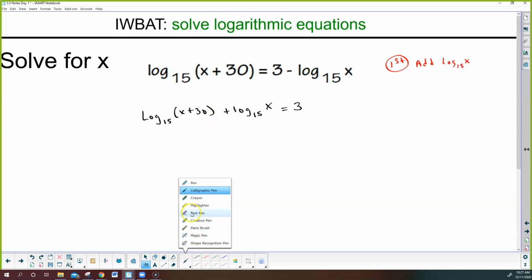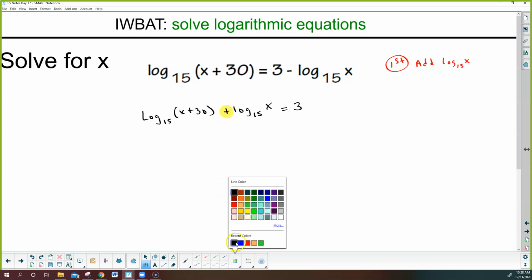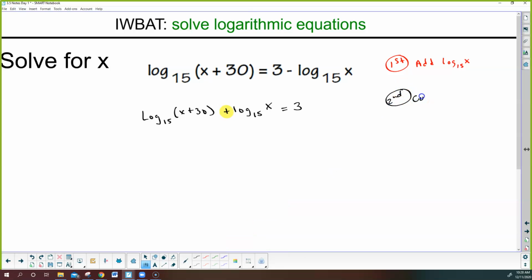So now I have to deal with the fact that I have two logs being added together. And when I have two logs being added together, we can condense. So I'm going to do the log of 15, and we got to remember, what does addition mean? Addition tells us to multiply, right?